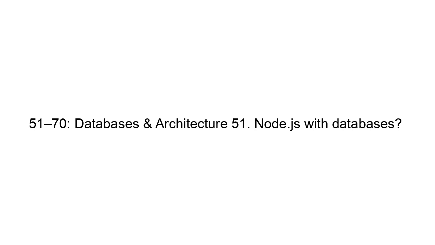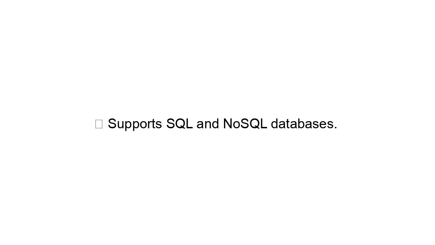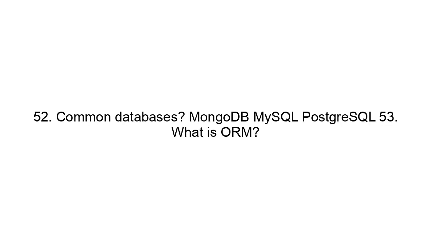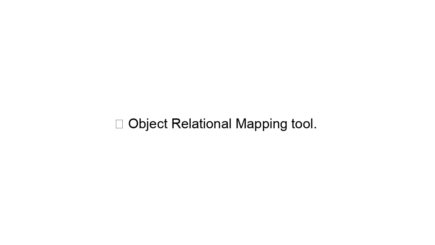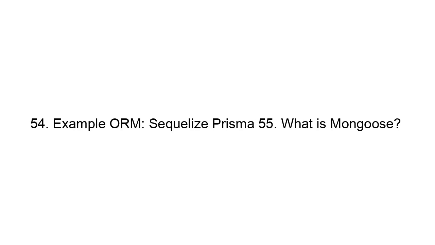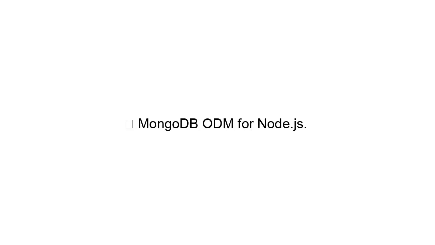Node.js with databases supports SQL and NoSQL databases. 52. Common databases: MongoDB, MySQL, PostgreSQL. 53. What is ORM? Object Relational Mapping tool. 54. Example ORMs: Sequelize, Prisma. 55. What is Mongoose? MongoDB ODM for Node.js.